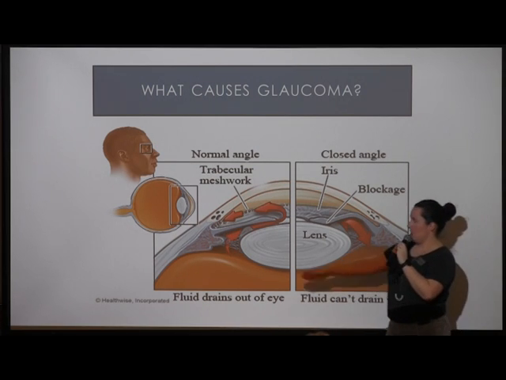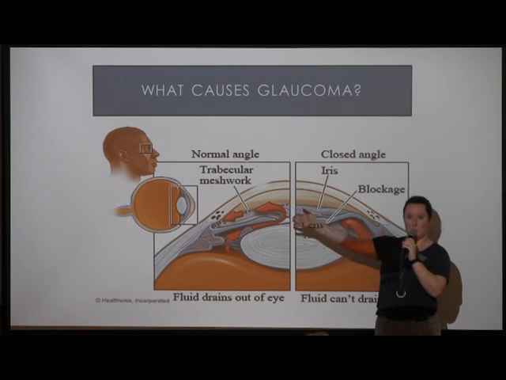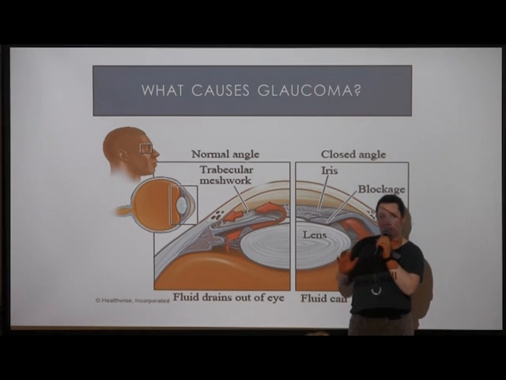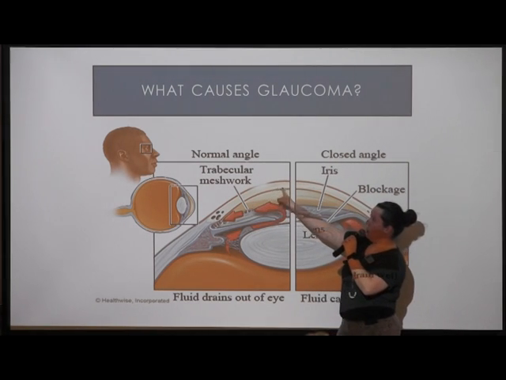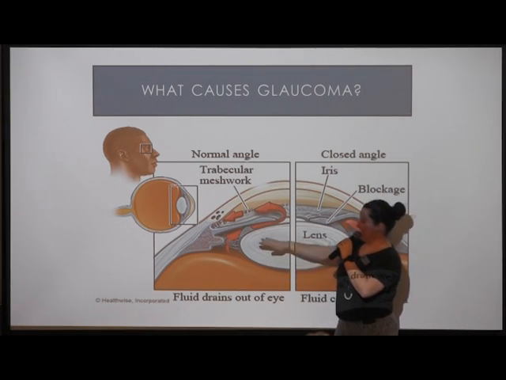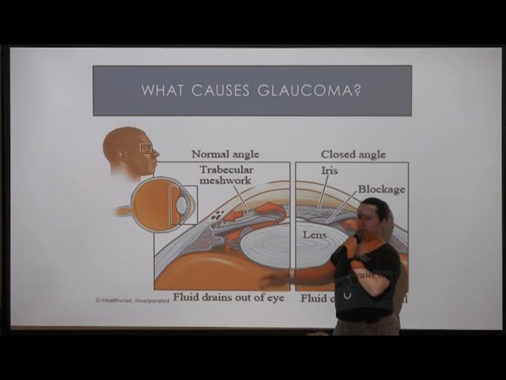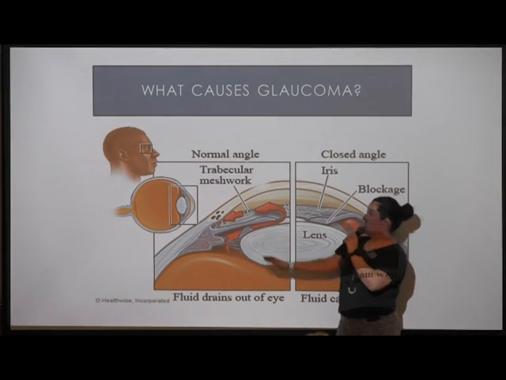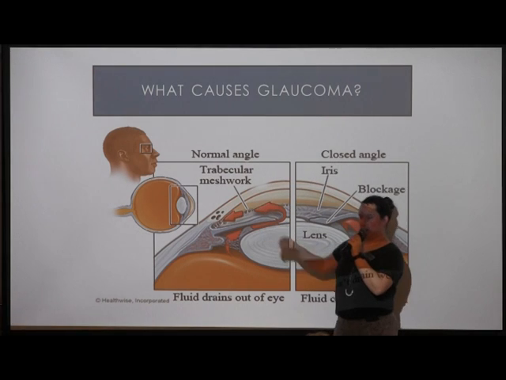So you can see that it's flowing and it's draining, and that's normal, okay? And again, just to kind of remind you, this part here is the cornea, the front part, and then here's that lens and further back in the eye. So when we measure your eye pressure, we're measuring that pressure on the front here.